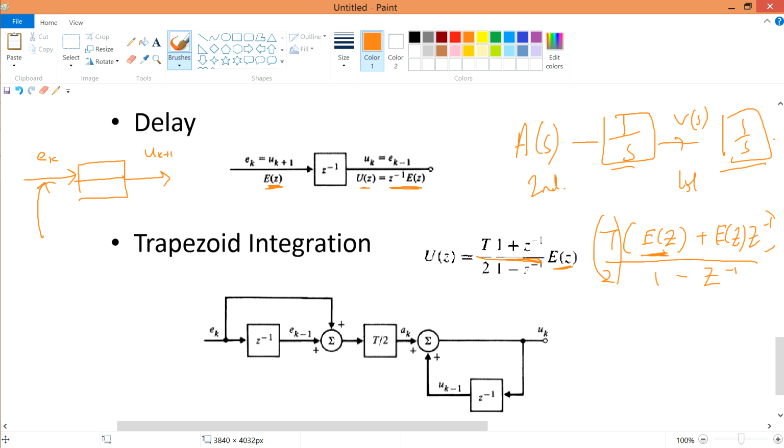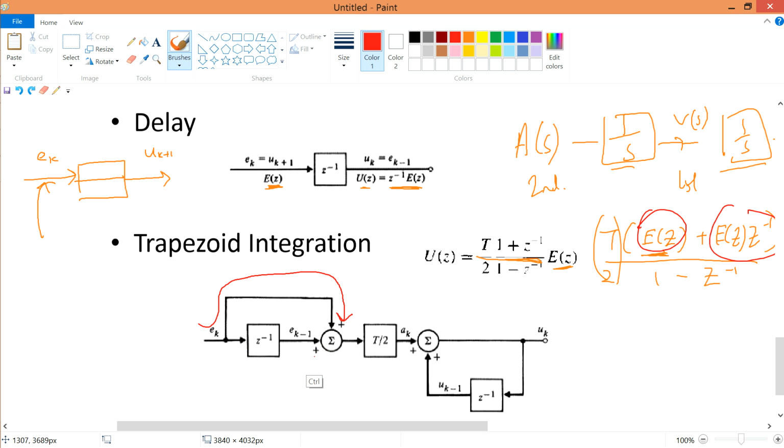So Ez over here is a forward loop that goes into this summation point, plus Ez z minus 1, which is Ek going through with z minus 1.